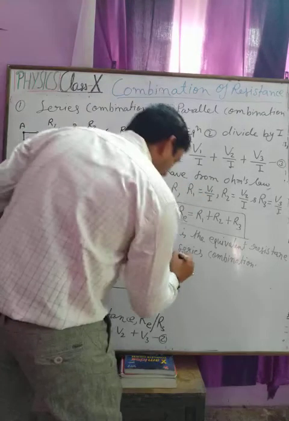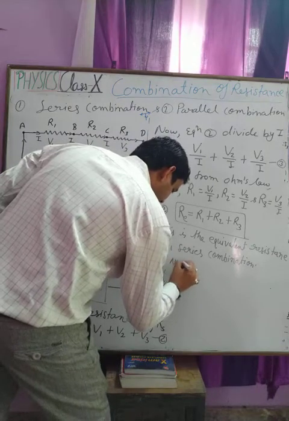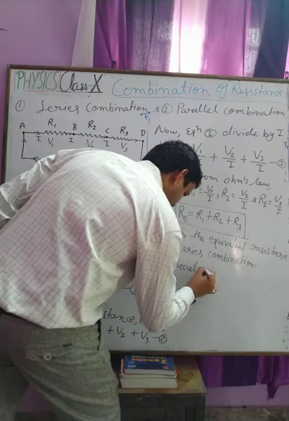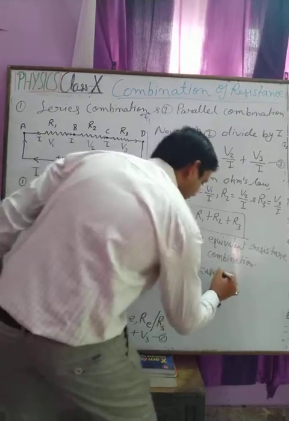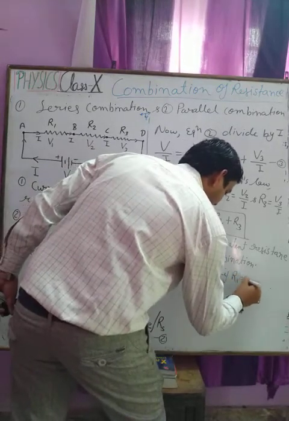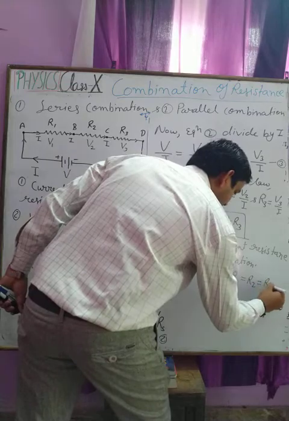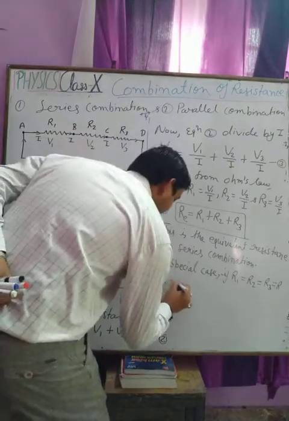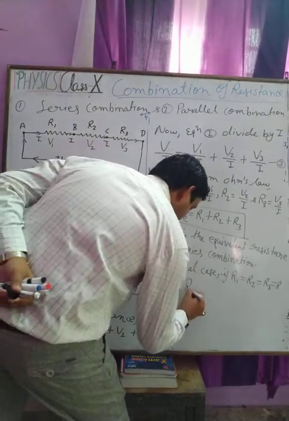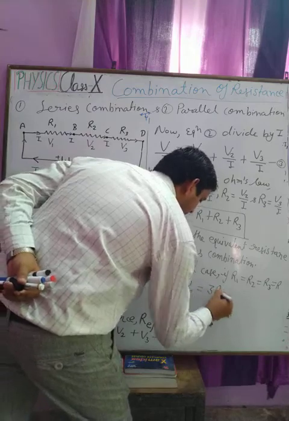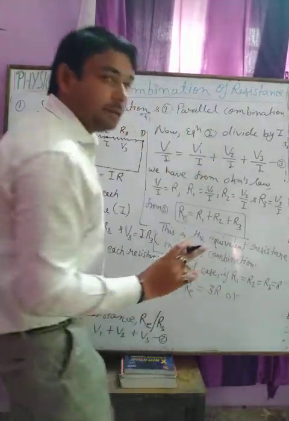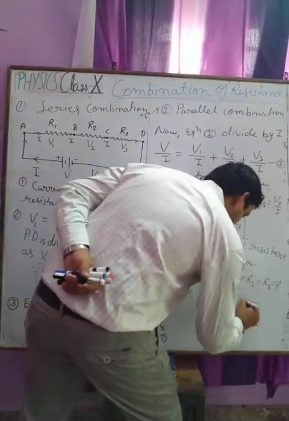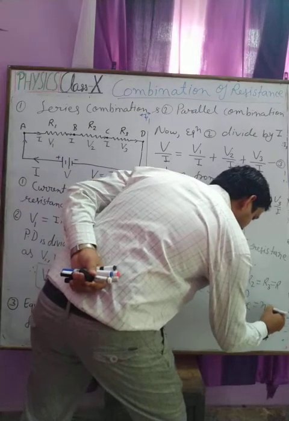Now नोट पॉइंट है या हम कह सकते हैं स्पेशल केस। स्पेशल केस, if R1 equal to R2 equal to R3 equal to R, therefore we are getting the equivalent resistance Re is equal to 3R. Or if n similar resistance are connected, so we are getting the result Re is equal to nR.